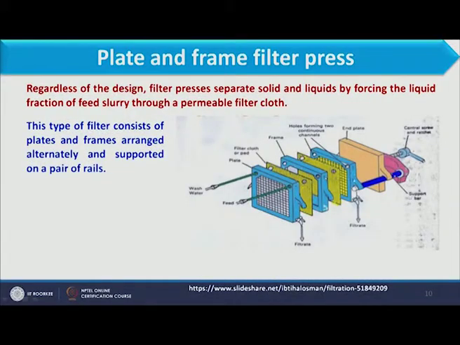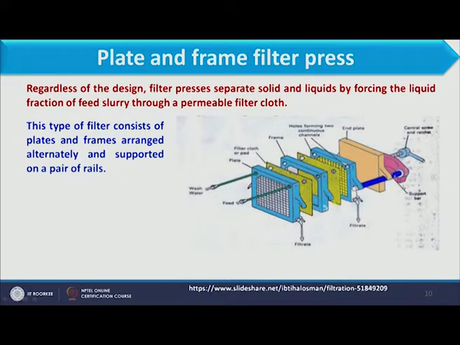And on both sides of the plate we put the filter cloth. Between frame and plate there is filter cloth, and between plate and frame there is filter cloth. So, in this assembly, this is plate, then filter cloth, then frame, then filter cloth, then plate, and similarly the others.